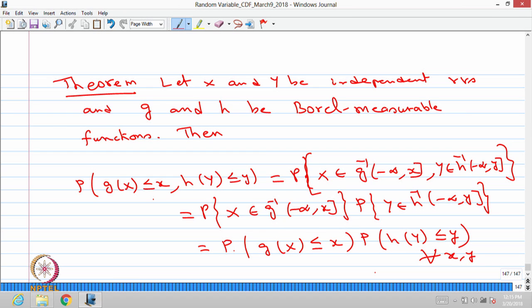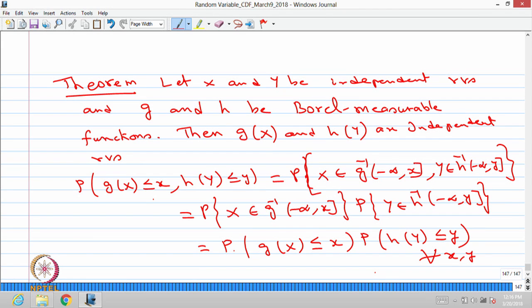That means the joint CDF is the same as the product of the probability of g of X less than or equal to x and the probability of h of Y less than or equal to y respectively. Since this condition is satisfied, we can conclude the random variables g of X and h of Y are independent random variables.